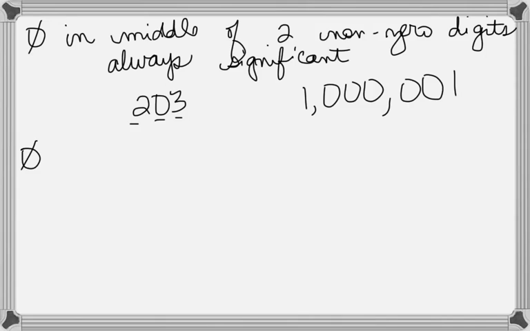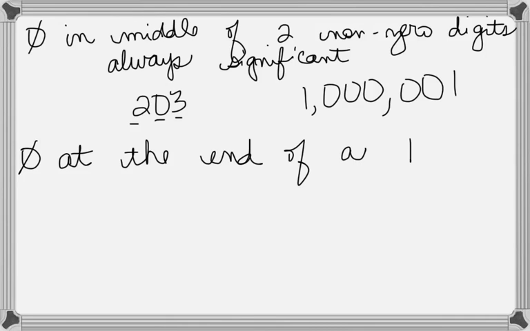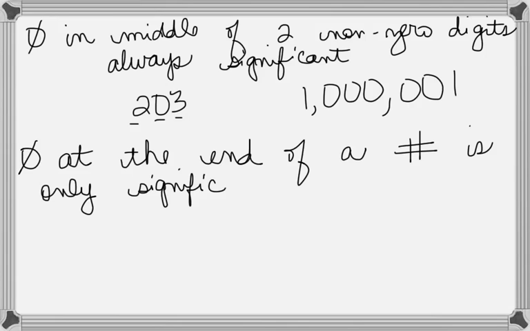At the end. This is where it can get even trickier. What's the rule for a zero at the end of a number? Do you know? Is it significant? It depends. A zero at the end of a number is only significant if it also falls after a decimal.